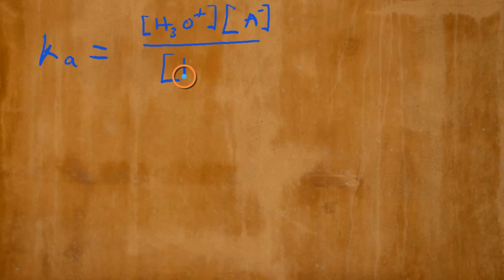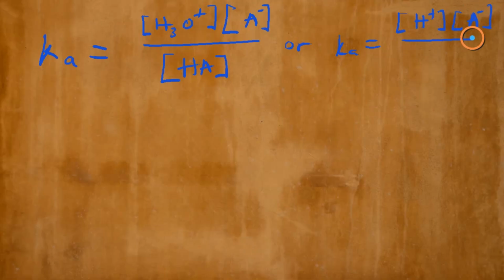So that was our HA. Or you can look at it in the second reaction I wrote, where Ka is given by the dissociation: we lost an H plus, then we were left with an A negative, and all that was divided by what we had initially. And what did we have initially? It's only HA.